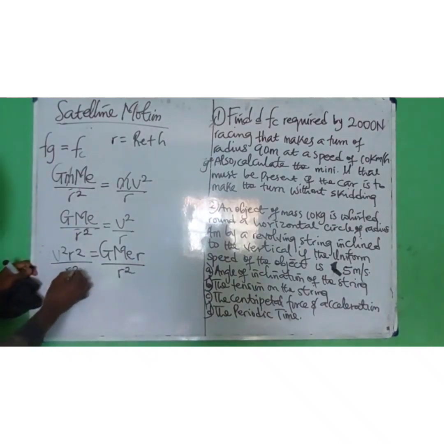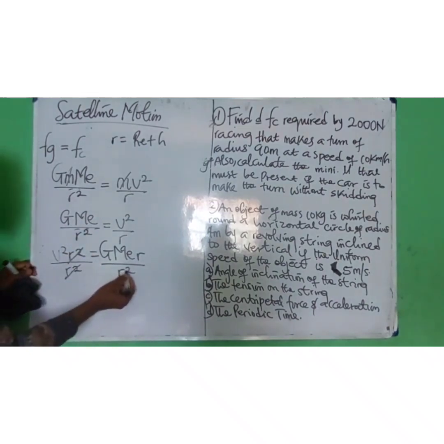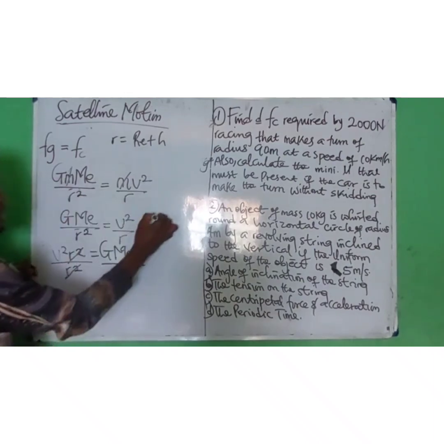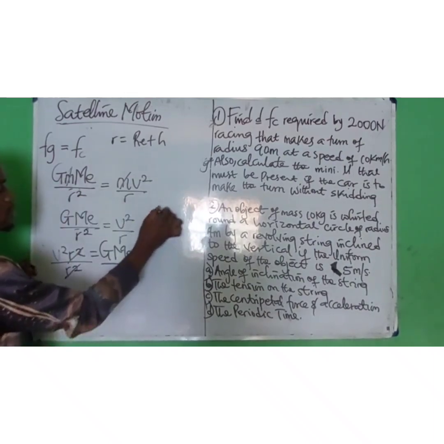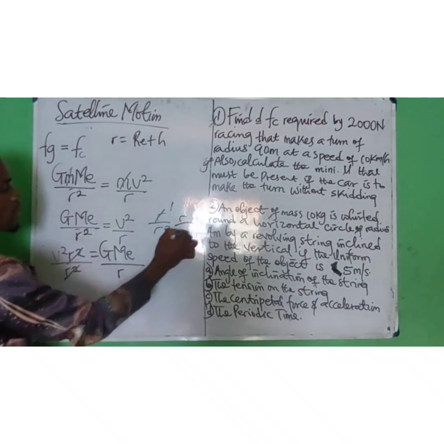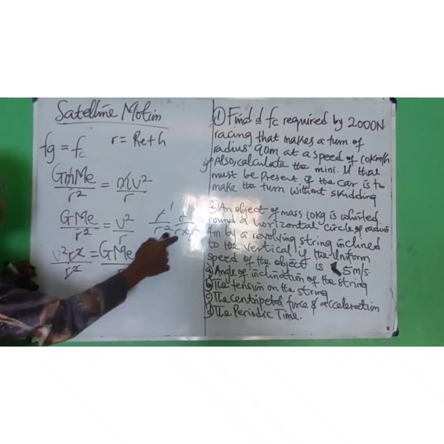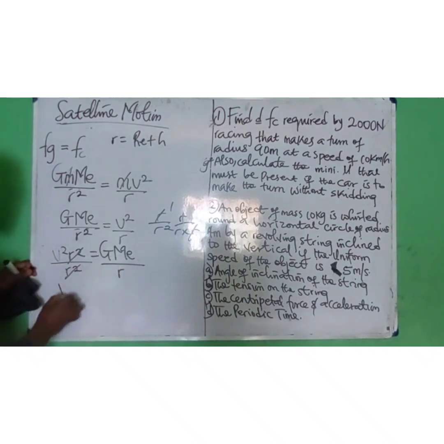I have one R on one side and two R's on the other, so I can cancel out one, and I'll be left with 1 over R.